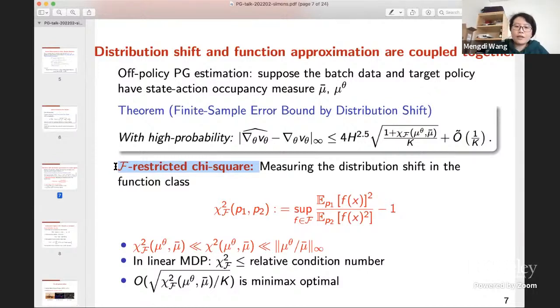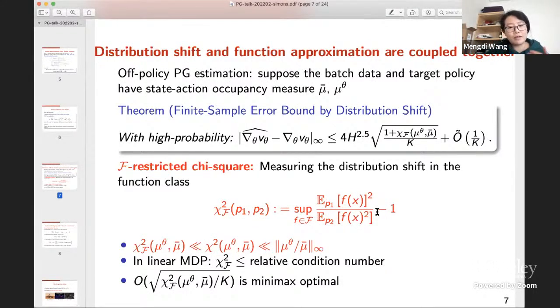This is a divergence function defined in a variational dual form, and it depends on the function approximator class we are using. Basically, we're taking the sup over functions in the function class of a term that measures some sort of chi-square divergence between two distributions.